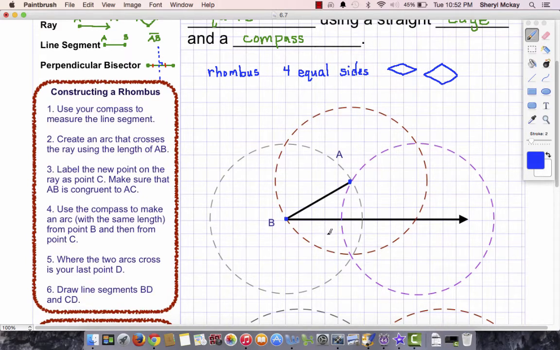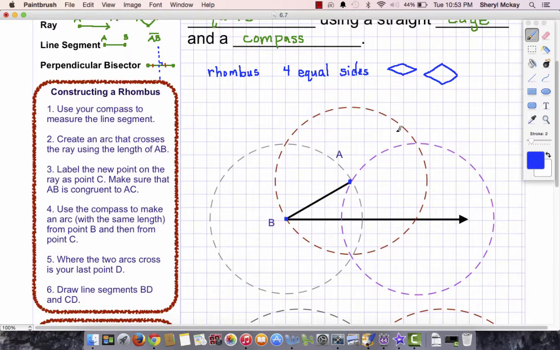So now what I'd like you to do is take your compass and measure from A to B. You're going to put your point on the A and stretch out your compass until your pencil touches the B. All right? And then you're going to use your compass, holding it down at the A. You're going to swing it around, and you see this red circle that's being made.